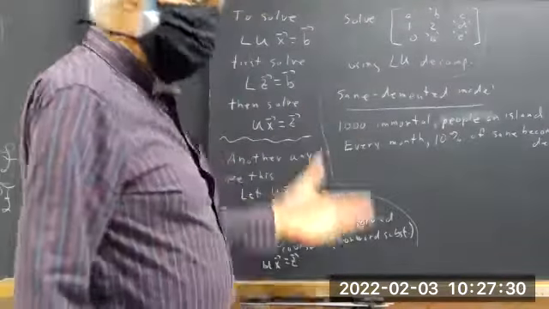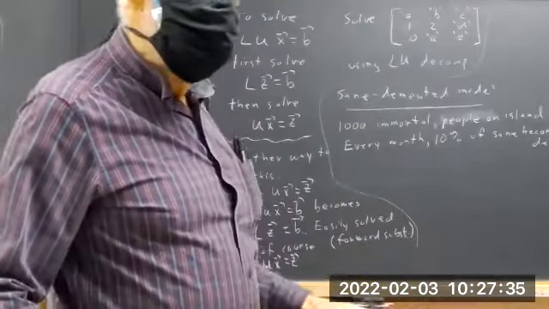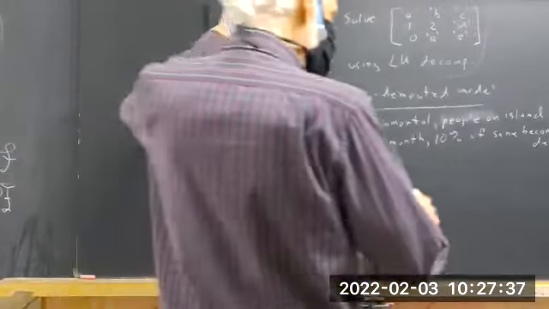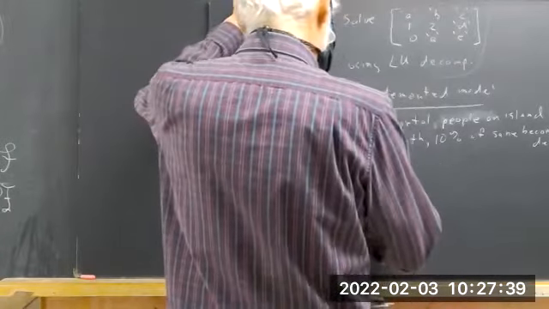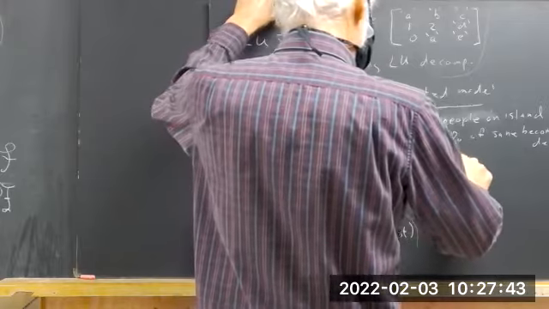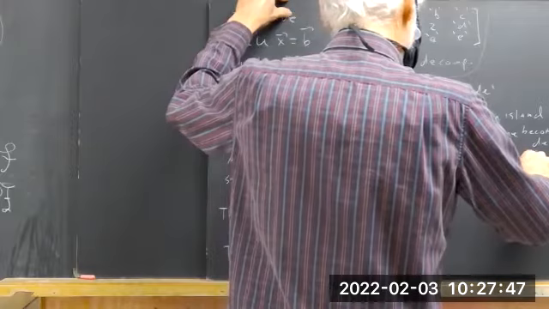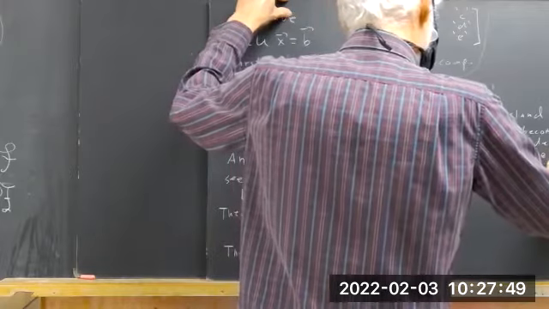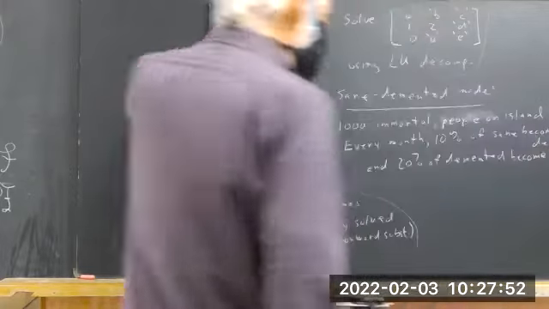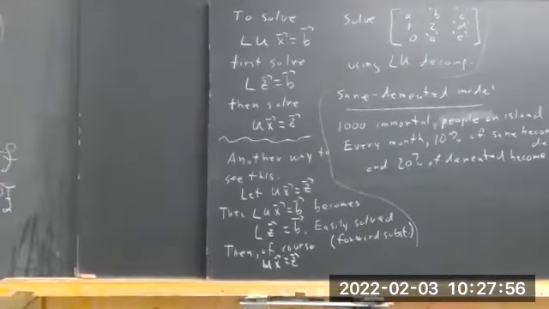Another thing I should have said first is that everybody's either sane or demented. Makes it an interesting island. Okay. And 20% of the demented become sane. Okay.